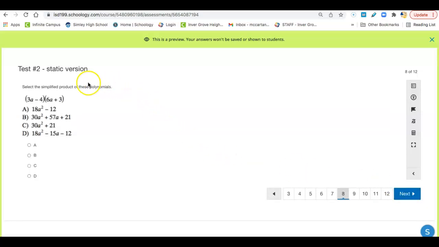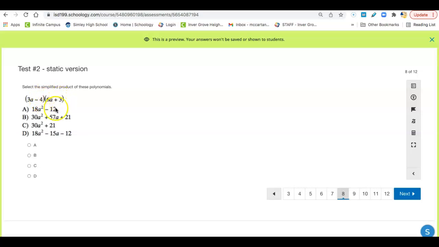All right. Number 8. All right, guys, again, look at the first term. 3a times 6a is 18a squared. So it's either a or d. Now, guys, this is not 2 terms. The answer will be 3 terms. The middle term won't disappear here. All right, but you can look again.